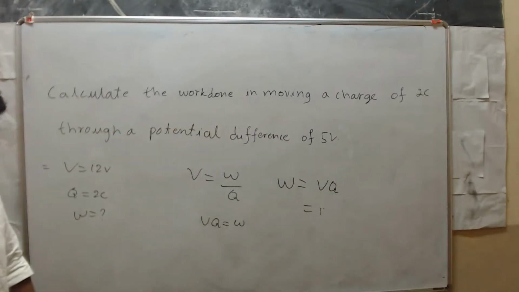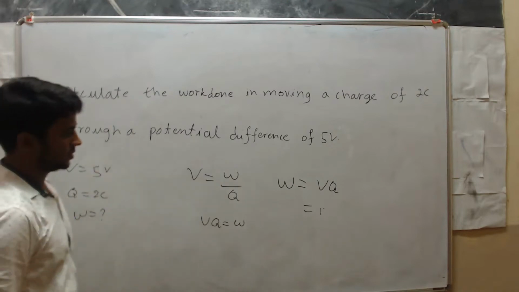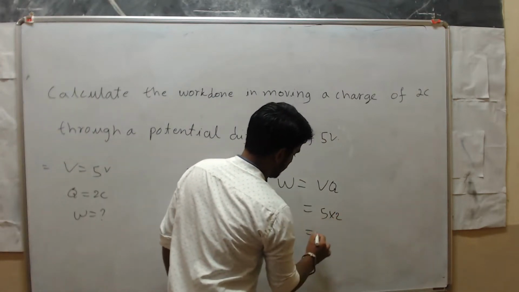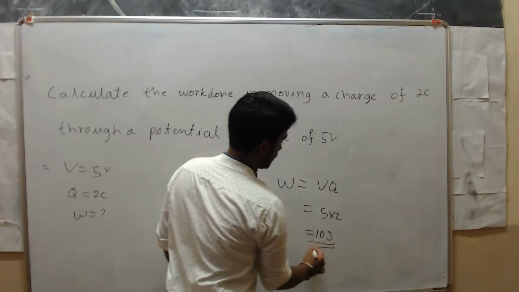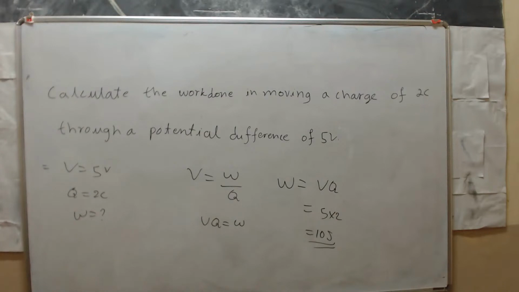Sorry, V is 5 volt. So 5 into 2 is 10 joule. So here 10 joule of work is done to move 2 coulomb of charge.